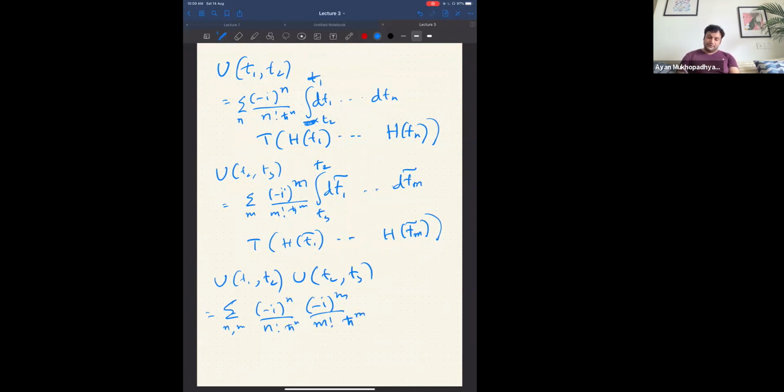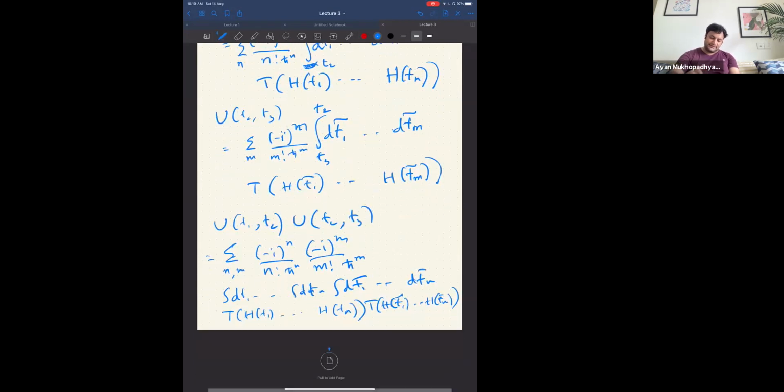Then you have dt1 to dtn and dt tilde 1 to dt tilde m, and the time ordered product of H t1 to H tn, and the time ordered product of H t tilde 1 to H t tilde m. So these we now have to simply rearrange.